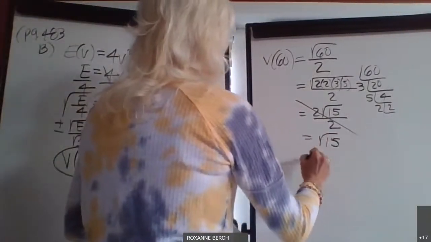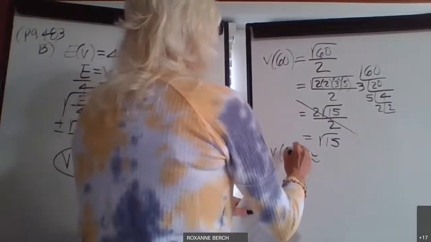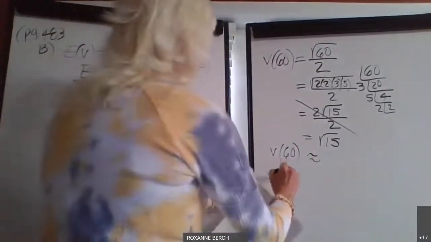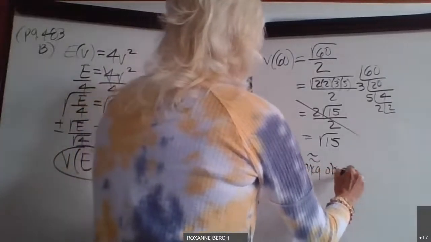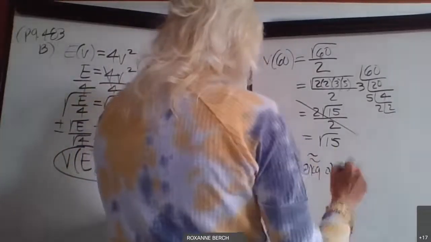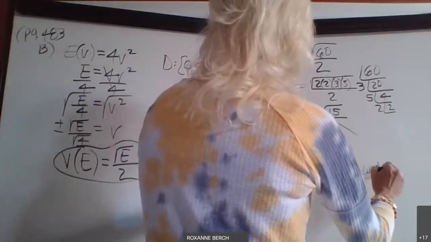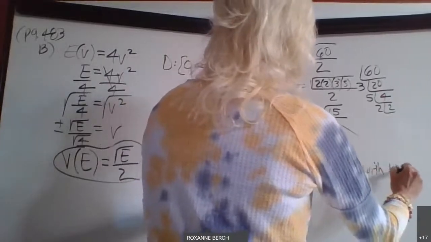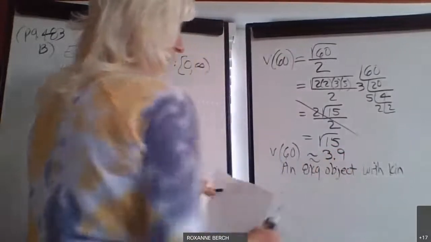So we're going to have to put that on the calculator. So what's the square root of 15 on the calculator? 3.87. About 3.9, right?